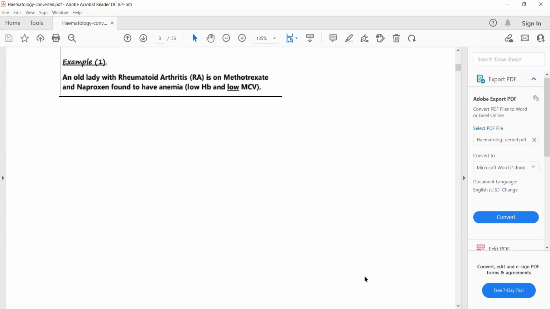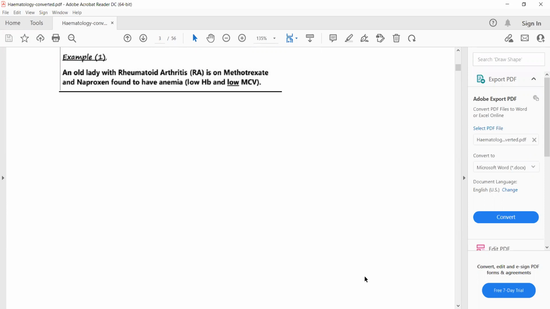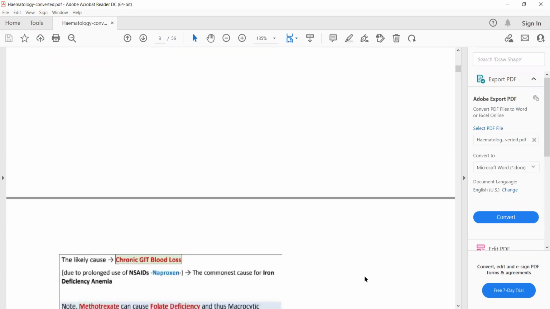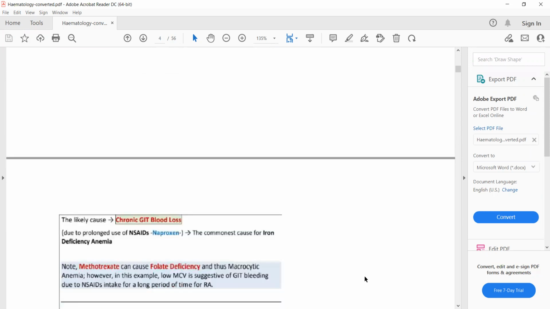So if a patient with rheumatoid arthritis is having a microcytic anemia, low HB and low MCV, then the cause will be chronic GI blood loss due to NSAID use.